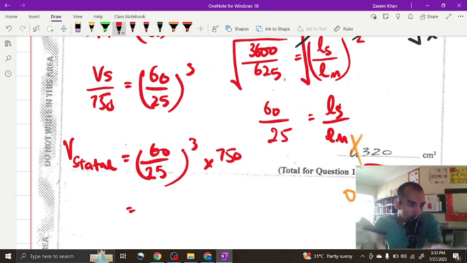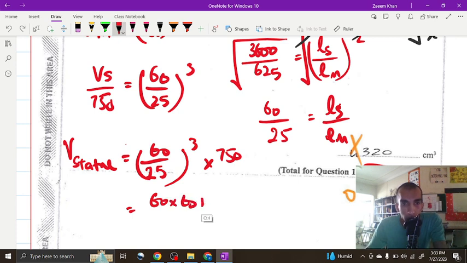Over here on the screen that you can see, there is an answer for 60 over 25 whole cube. Do you know where it is? Apologies, I thought it was a square. We're supposed to cube it this time around.